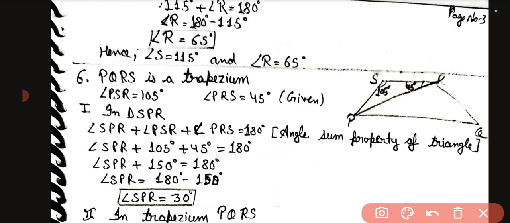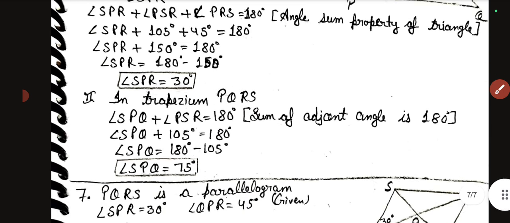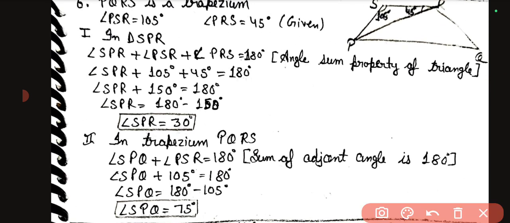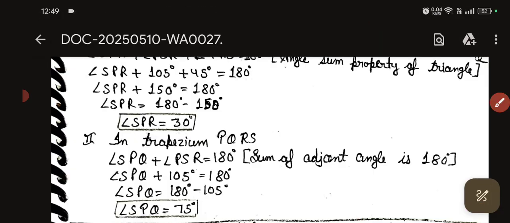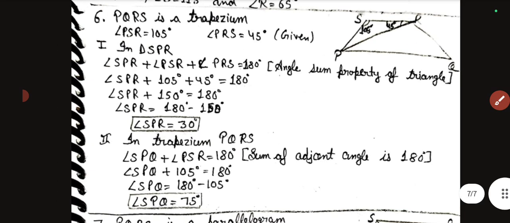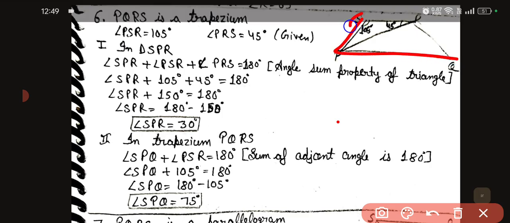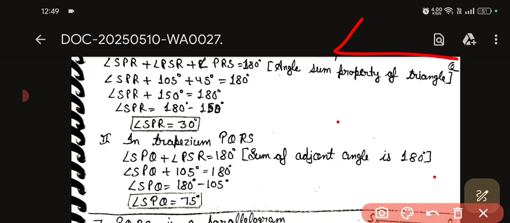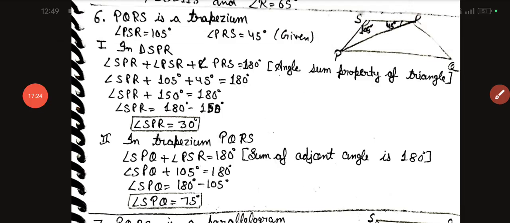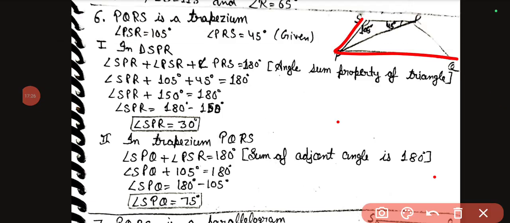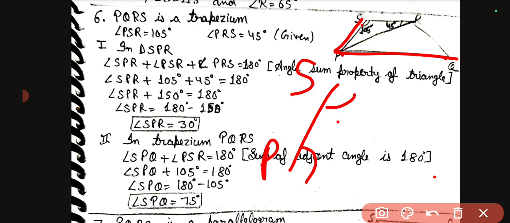Next, in the second part, we have to find the value of SPQ. Where is SPQ? SPQ is here. You can see these are adjacent angles, and the sum of adjacent angles is equal to 180 degrees. Angle S and P are adjacent angles, so the sum of these angles is equal to 180.